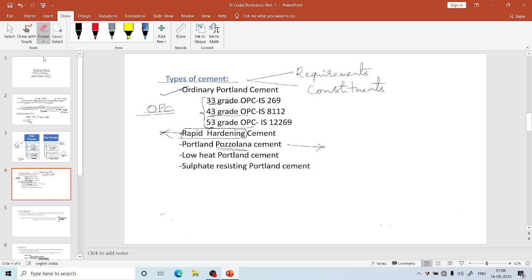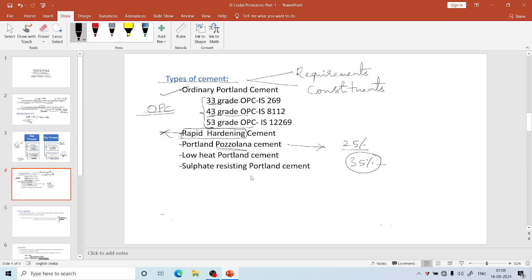Comparatively the gain of strength is at a slower rate, but slowly the ultimate strength is similar to OPC. Earlier it was up to 25% of the total, so it is about 35% of the total that we are replacing with pozzolana components.